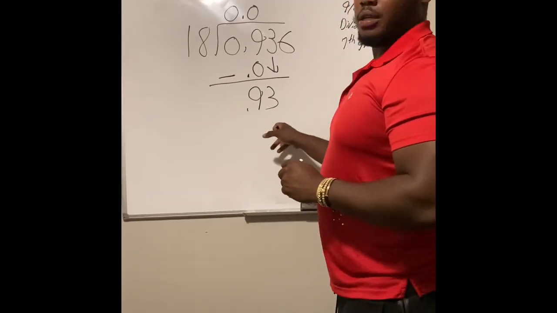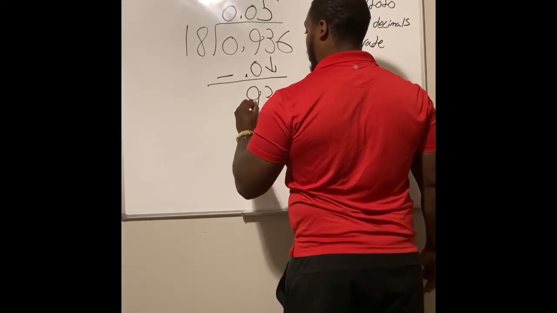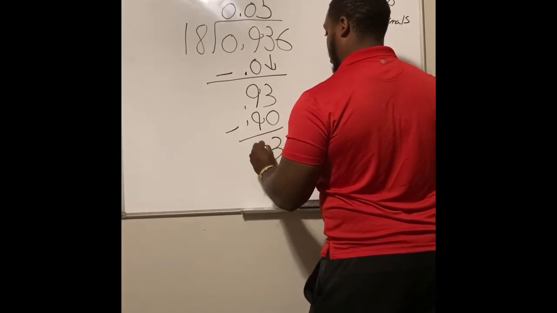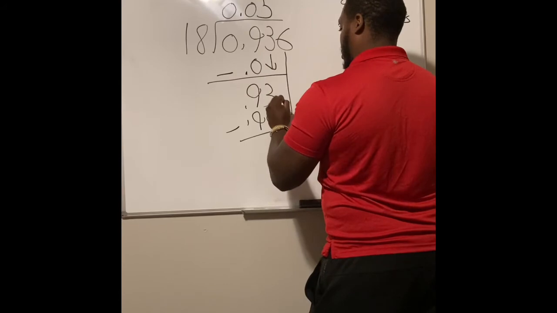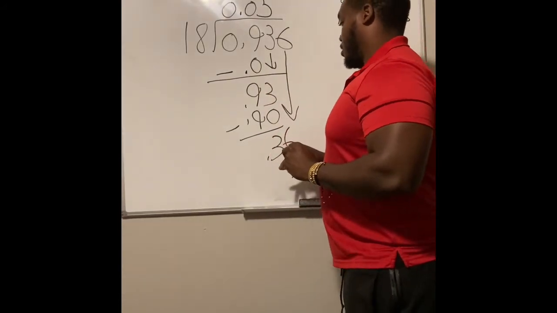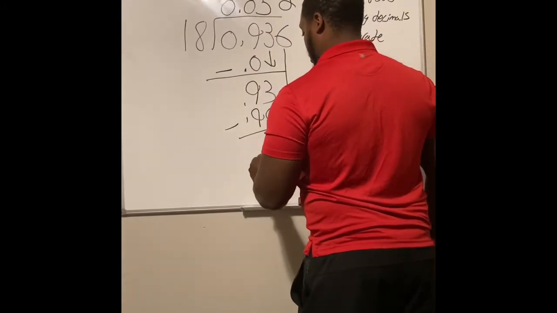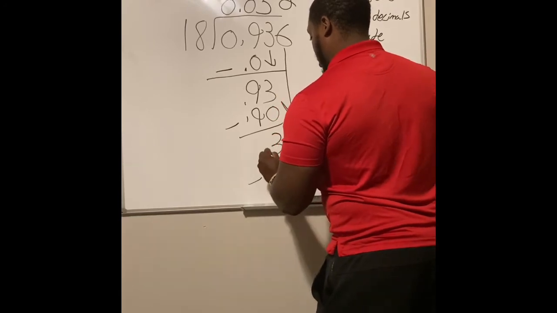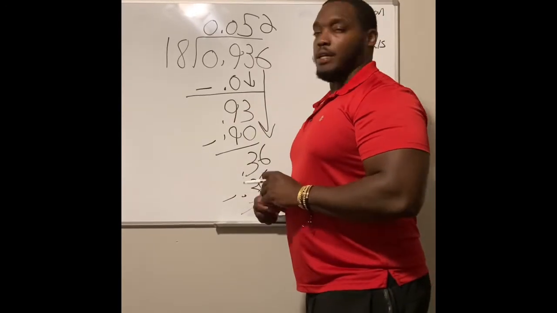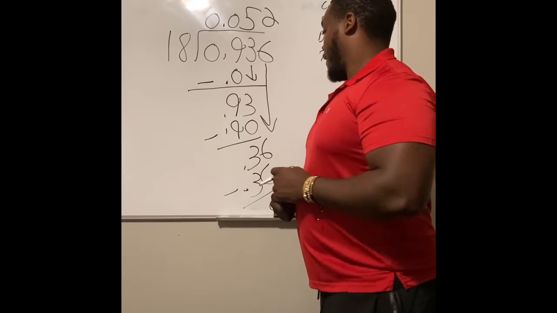So that's the closest we can get to 93 without going over. So we have our 90 here. Drop this down, okay, this turns into 36 because our 6 is up here. Now 18 times 2 is 36. So minus our 36 from here, leaving no remainder. So 0.936 divided by 18 is 0.052.